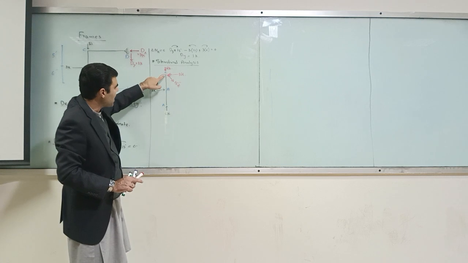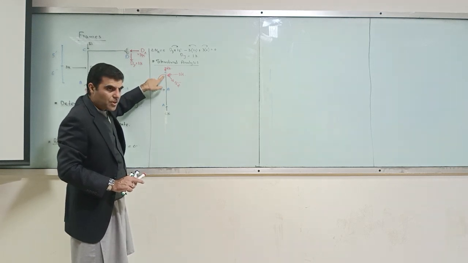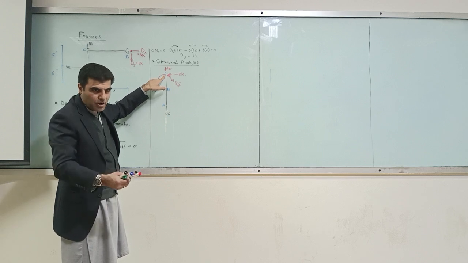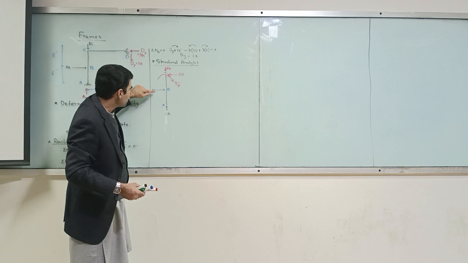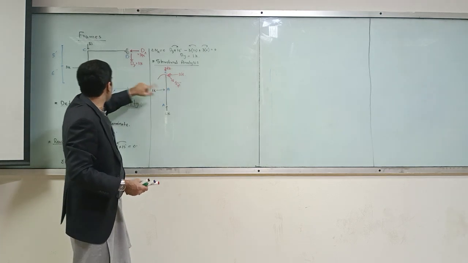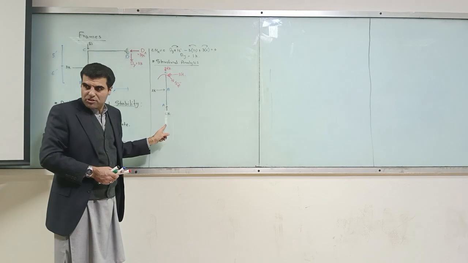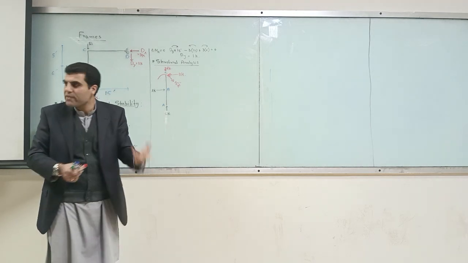So you have to find out the moment which is applied at this point C. What moment is applied at point C? That moment is 3 kip times 5. The 6 kip is not contributing to the moment, because the lever arm is 0.